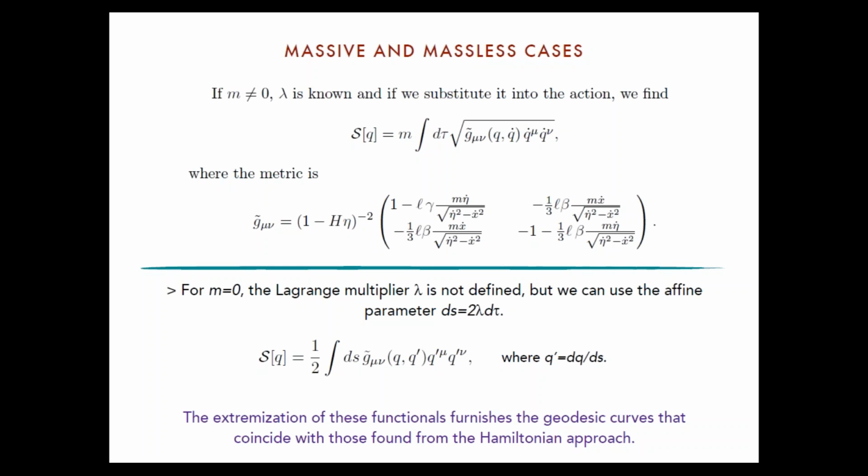And for the massless case, one cannot solve the Lagrange multiplier, but we can absorb it into the definition of an affine parameter, which gives the action that is well known in the general relativity literature. So both these actions, when extremized, give the geodesic equations for this metric, furnish also the same world lines that were found before, and is also the same as the Hamiltonian case.